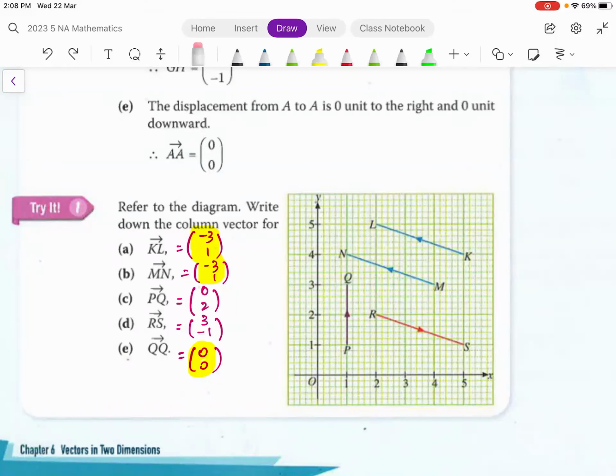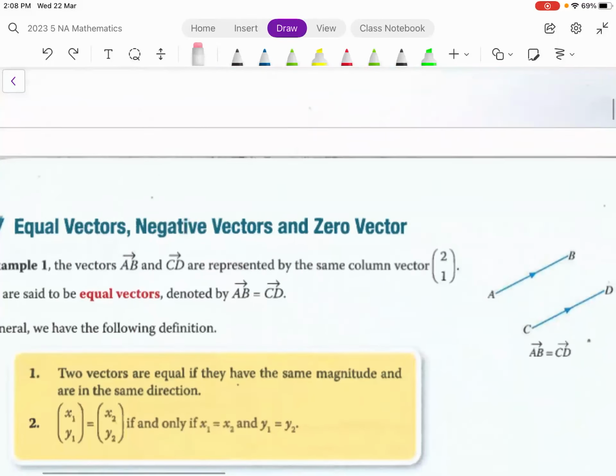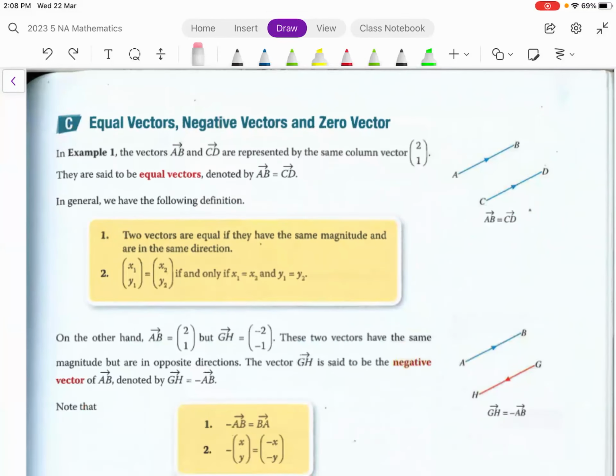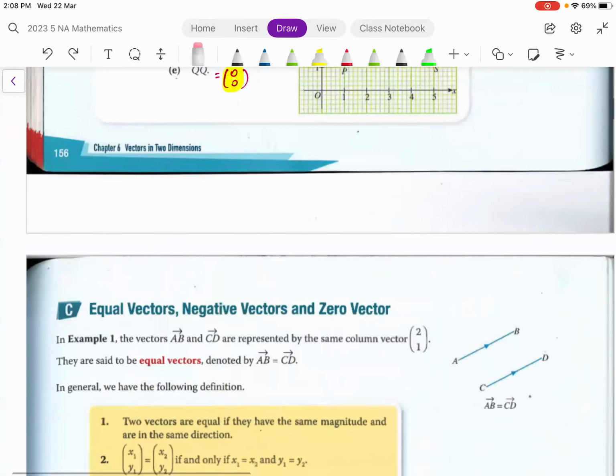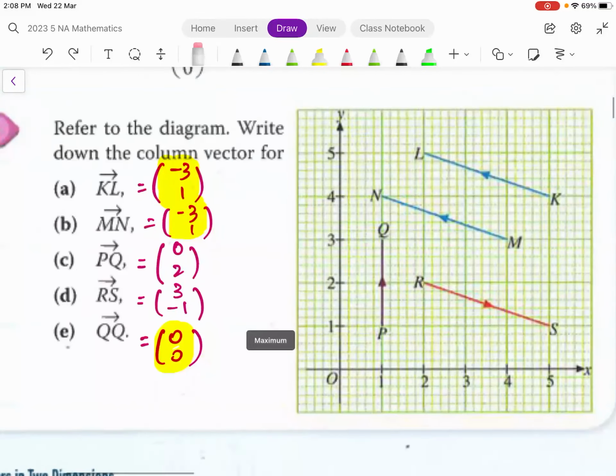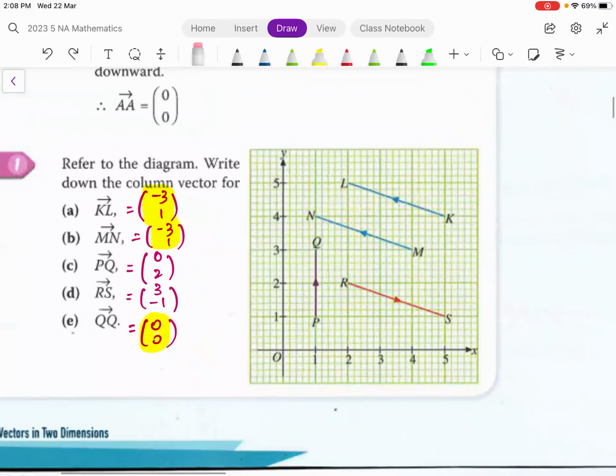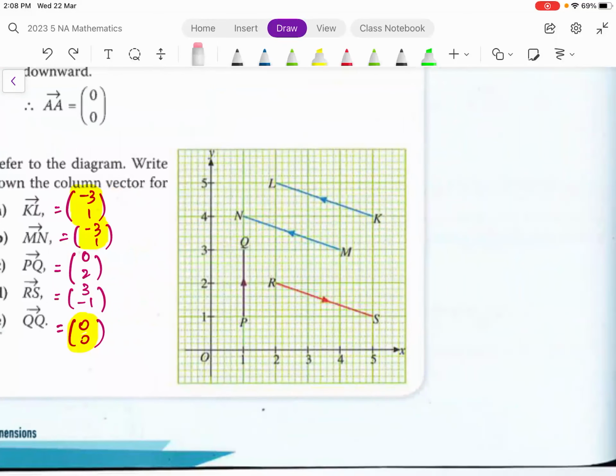Any? Don't have, I'll move on. RS. From R to S, we are going to the right by 3 units. So 3. Then you go down by 1 unit. So negative 1.